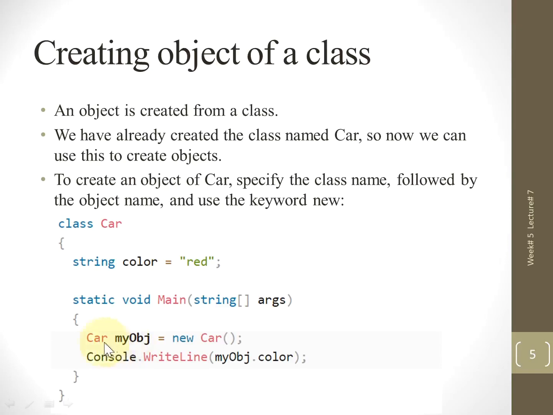First is called the type of the object, and second is called the reference of the object. And how do we call this color data member? Object name, dot, and color, the name of the data member. When we call this data member, we just print it with the help of the WriteLine function. So this is how we create the object.